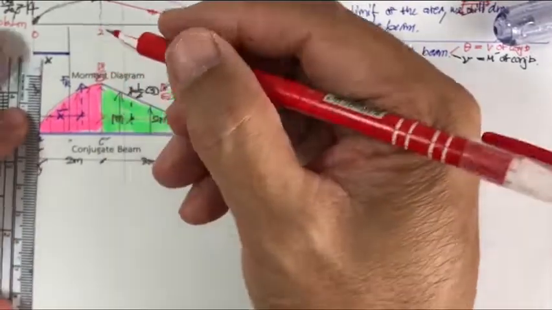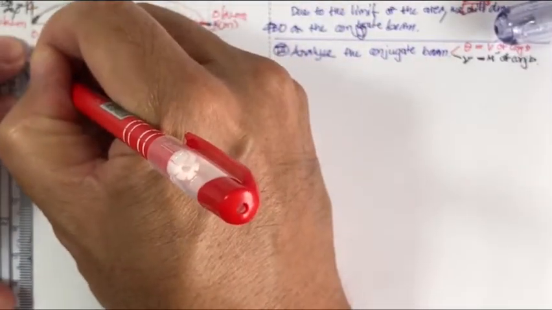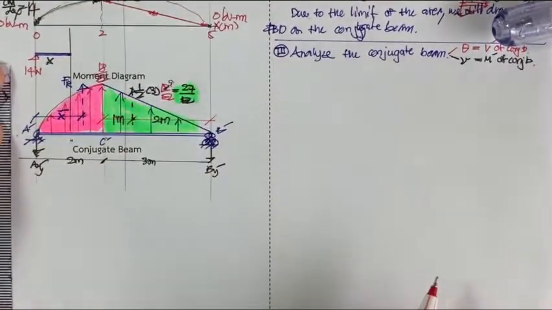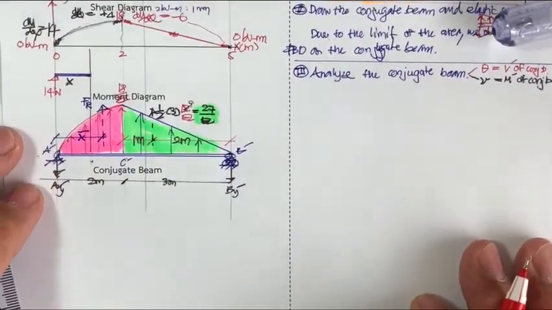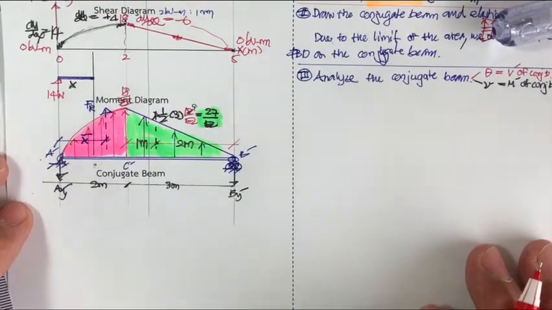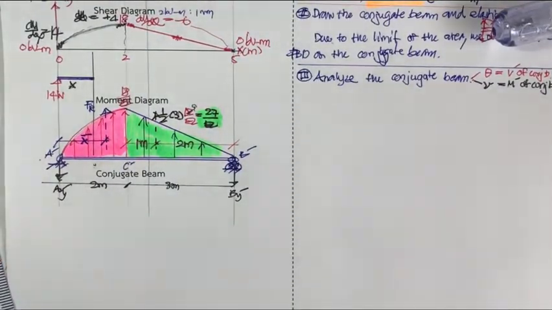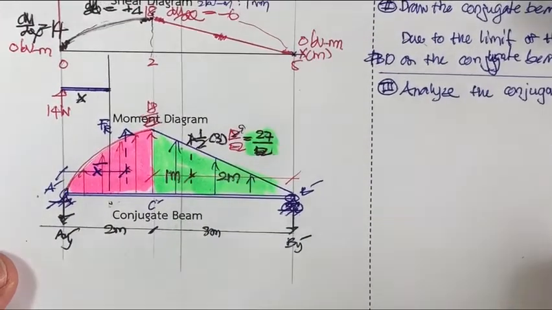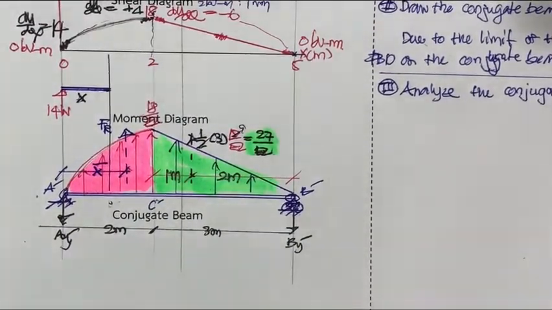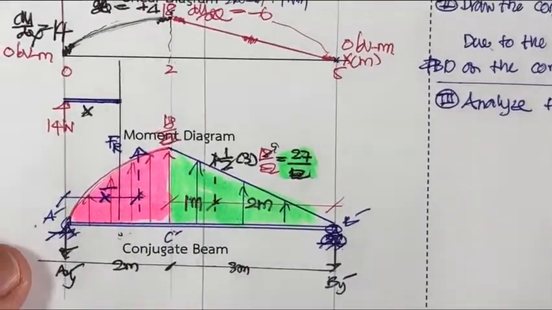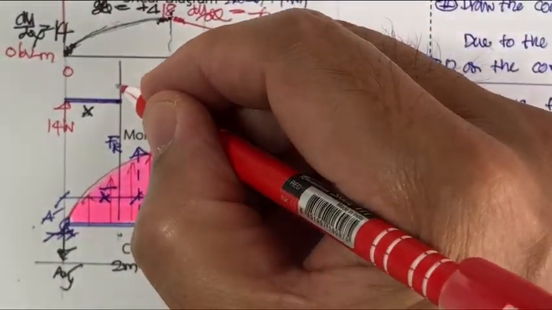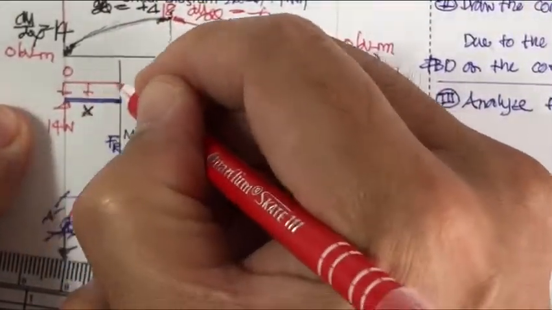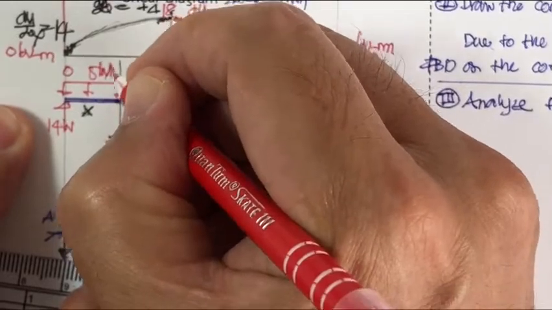And then what we have is, you remember, we have A sub y here. A sub y is what? A sub y is 14 kilonewton. Let me put this here. And also, if we expand this a little bit more, we have the uniform load here of 5 kilonewton per meter.